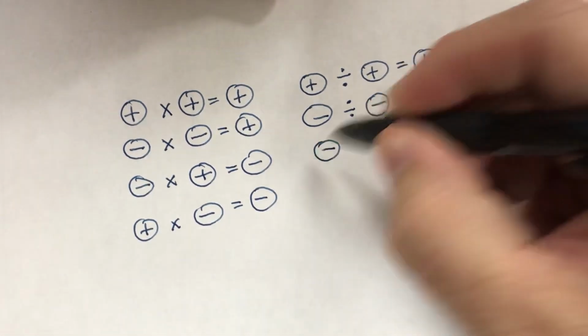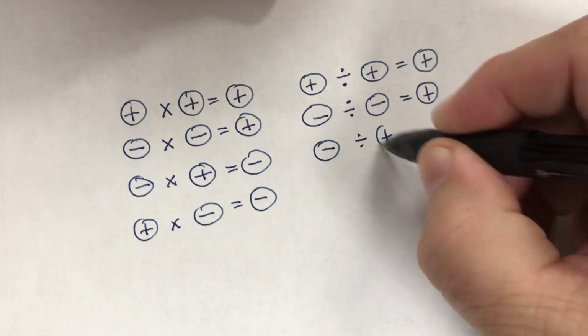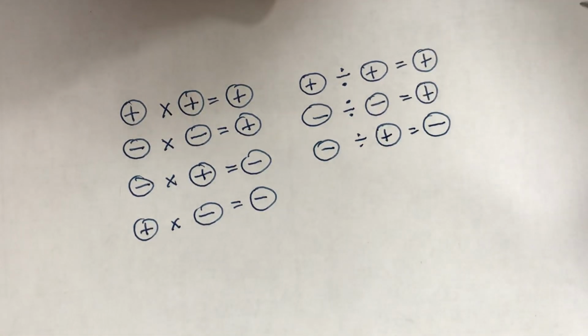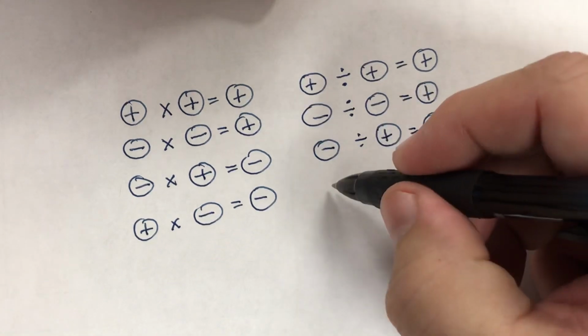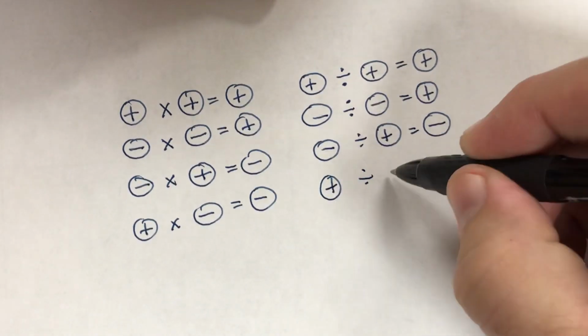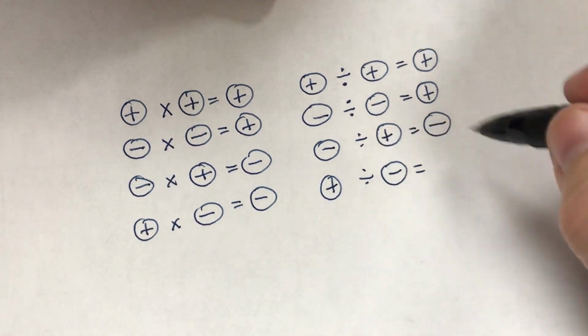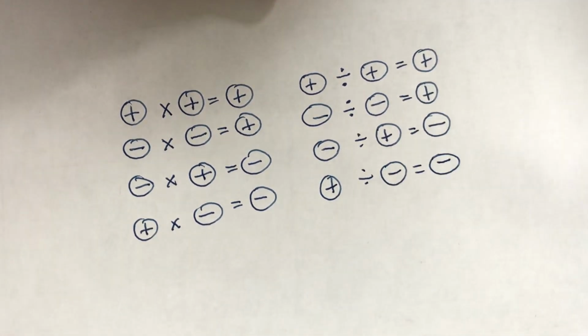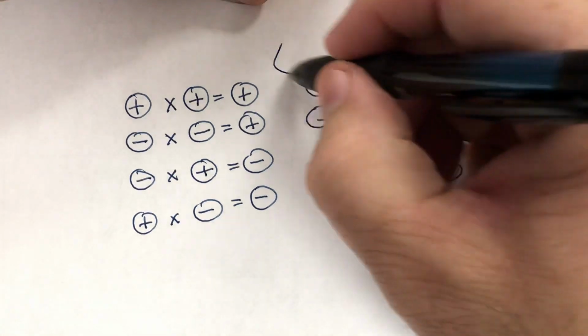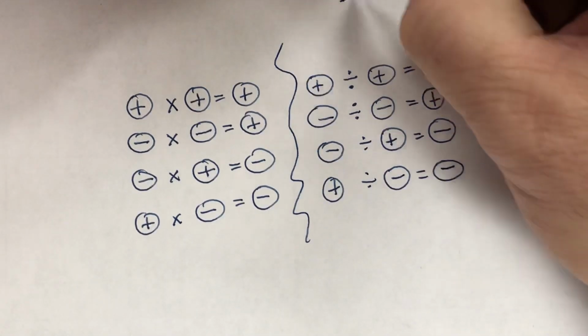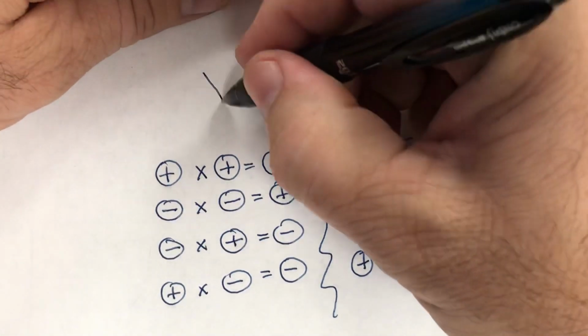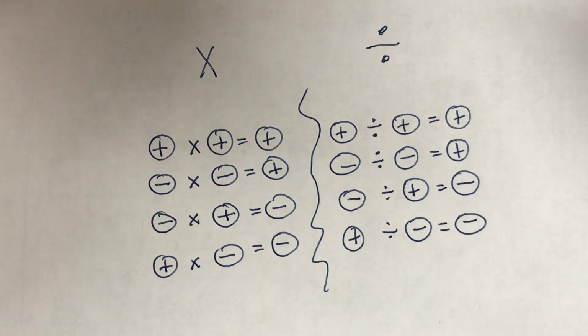And then when you have one of each, one is positive and one is negative, and that's how you get a negative answer when you're dividing. And again, it doesn't matter if you start with a negative or start with a positive. As long as you have one negative in there, you're going to have a negative answer. So these rules are identical for division and multiplication. You don't have to learn new rules for each one.